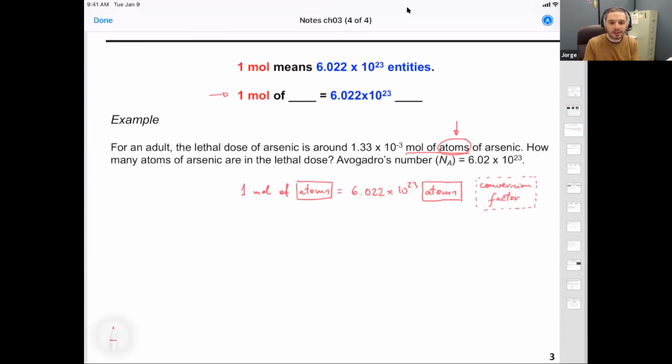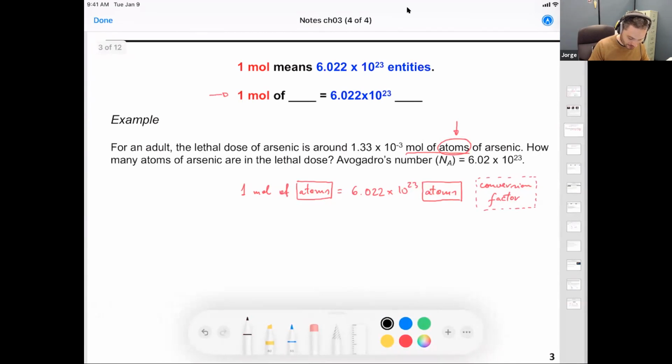Okay, so that's the relationship between mole of atoms and the amount of atoms that we have. And we know how to deal with conversion factors. So the question here is: for 1.33 times 10 to the minus 3 mole of atoms, how many atoms do we have?